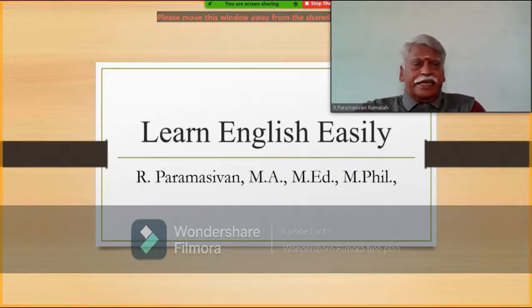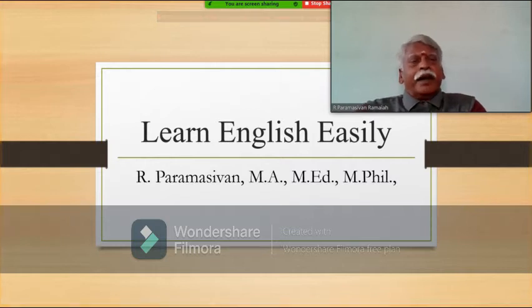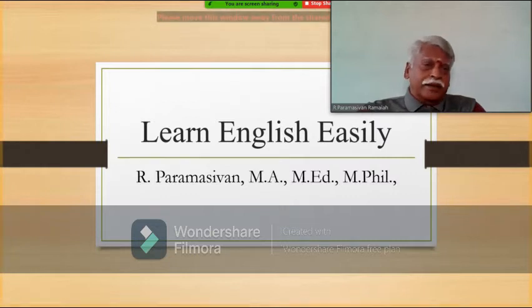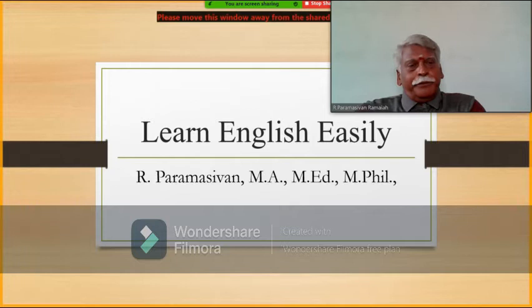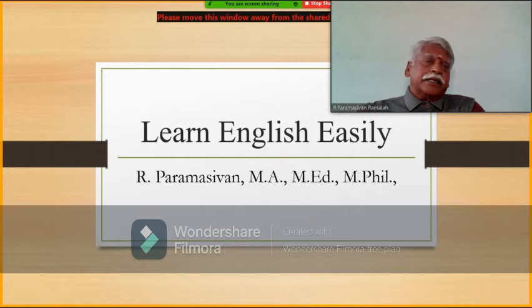Verbs, already we had seen. There are 12 tenses and how a verb form changes from one to another to show different tenses. But here we are going to see how the verb is in a sentence, or we can easily say, is it connected to an object or not?